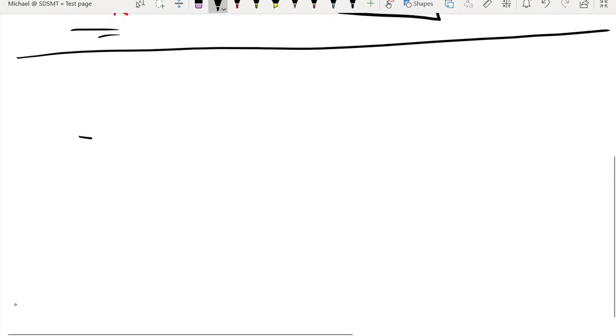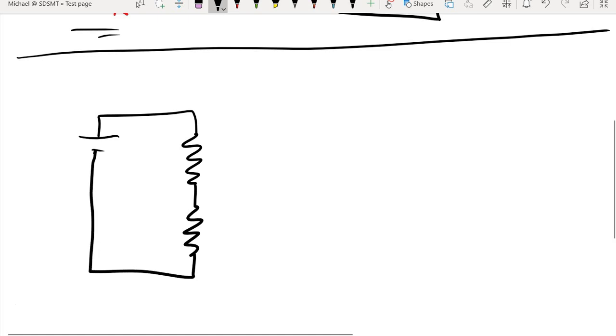Well, we want our circuit problems to be a little more interesting than that. So let's take two resistors, and we'll connect them one after the other. This is our series combination.